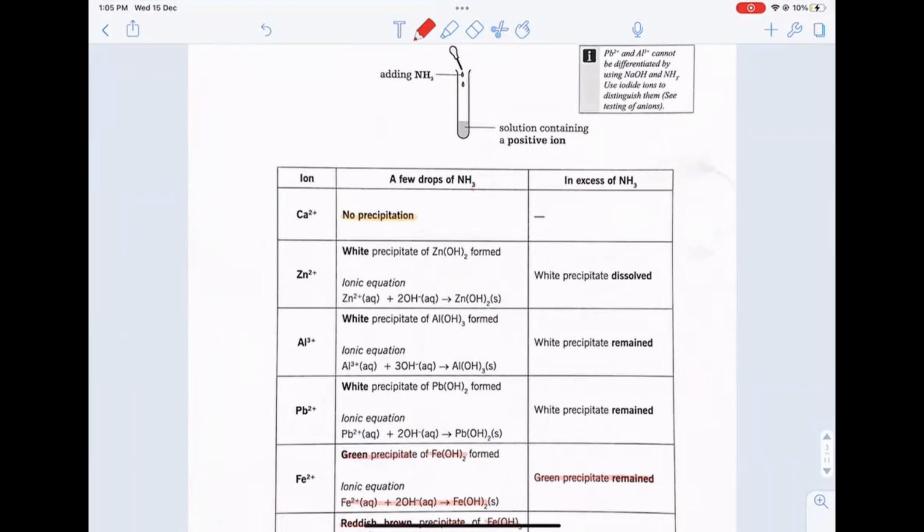It's because in this case, we are adding ammonia, which like we just said, is a weak alkali. Being a weak alkali, it partially ionizes in aqueous solution to form a very low concentration of hydroxide ions. So since the concentration of hydroxide ions is low, calcium hydroxide remains soluble. Hence, no precipitate formed.